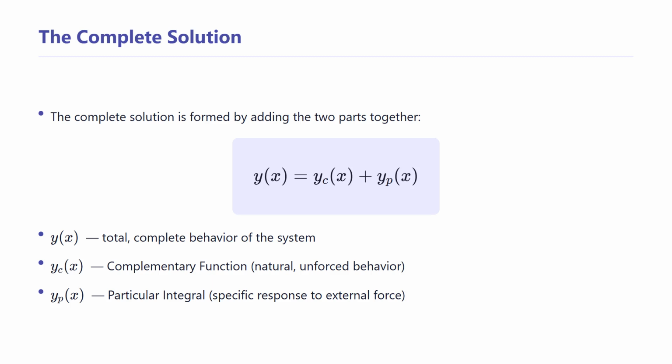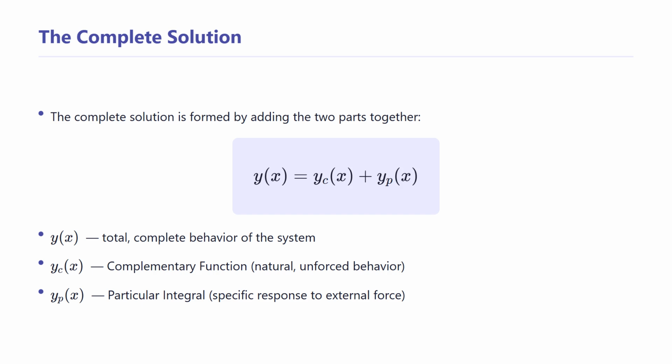Once we understand the blueprint equation, we can write down the structure of its final, complete solution. The function y of x represents the total, complete behavior of the system at any given moment. It is simply the sum of our two mathematical pieces. The term y sub c is the complementary function, representing the natural, unforced behavior.